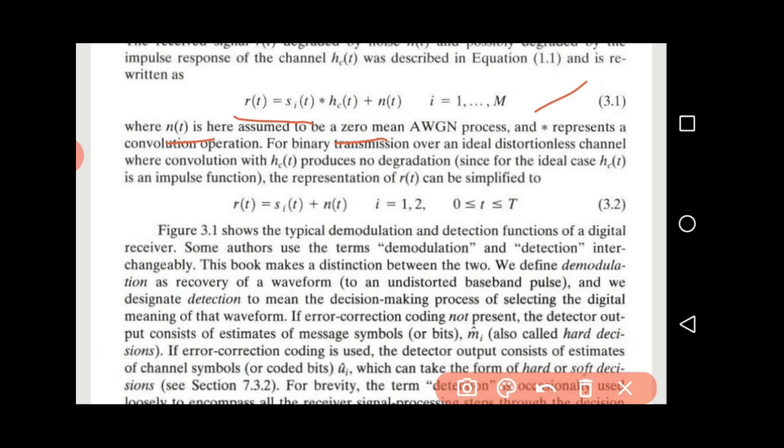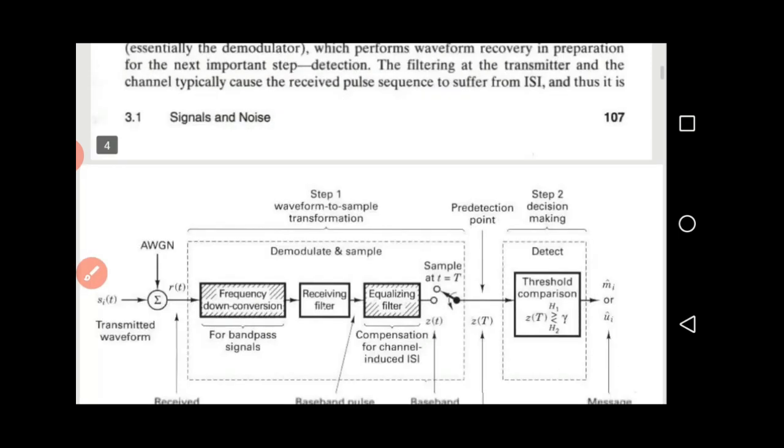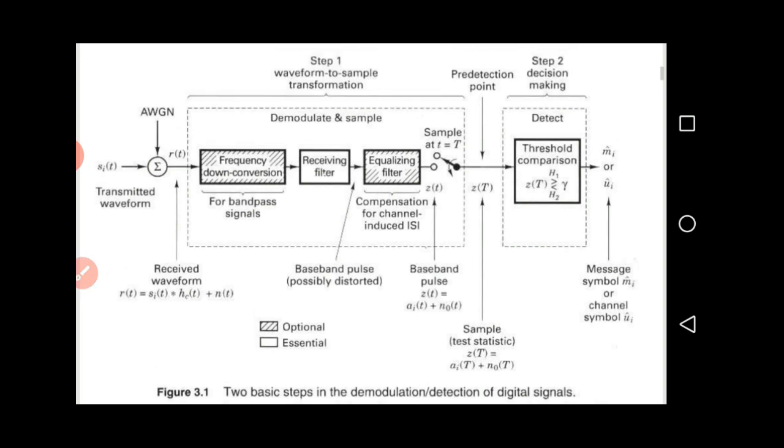For binary transmission over an ideal distortionless channel, where convolution with hc(t) produces no degradation, the representation of r(t) can be simplified to r(t) equal to si(t) plus n(t). Now the figure, we are talking about this figure.